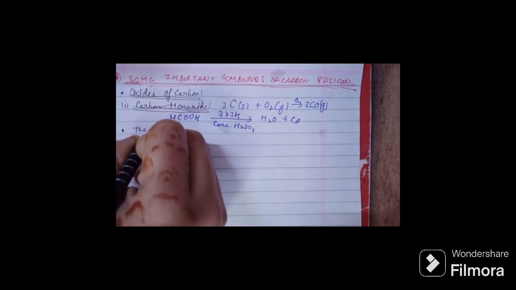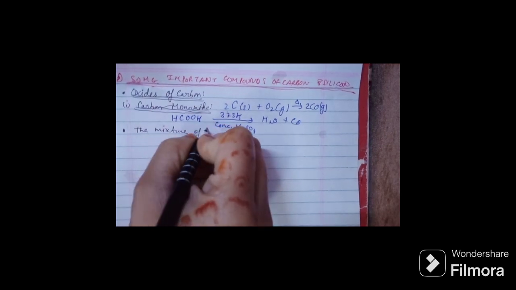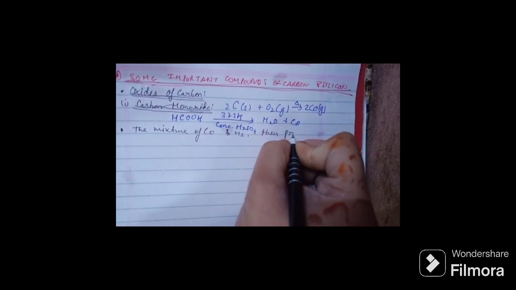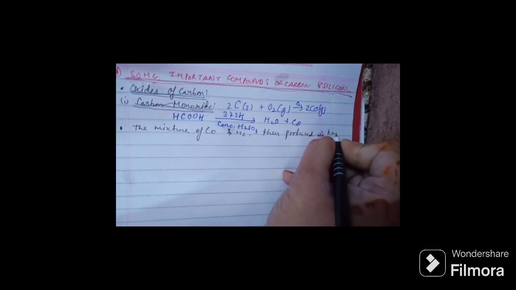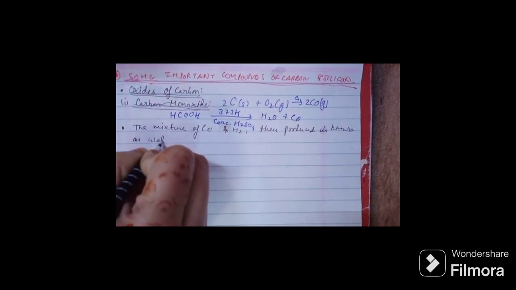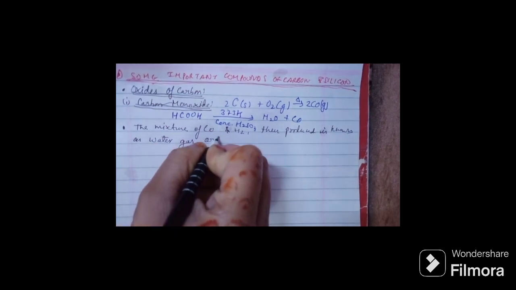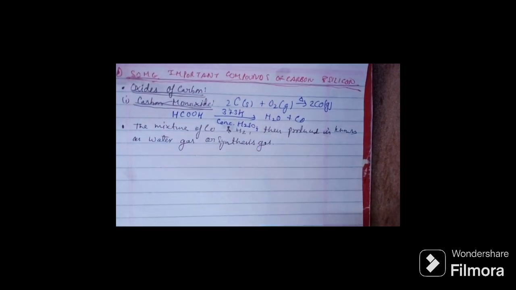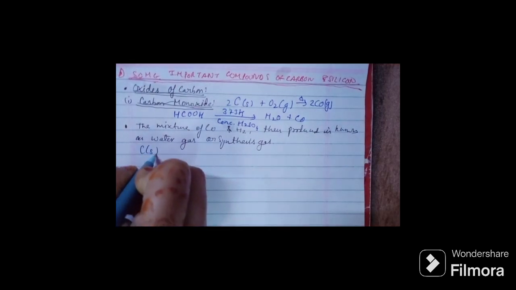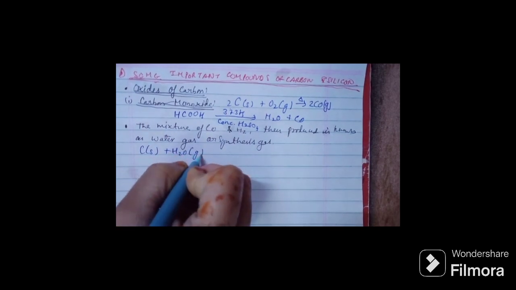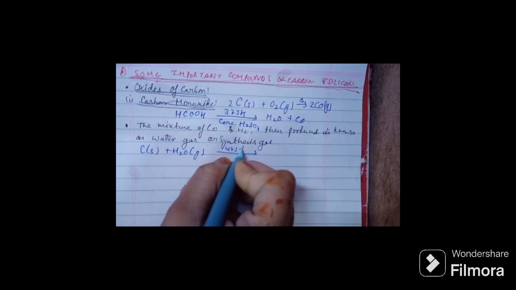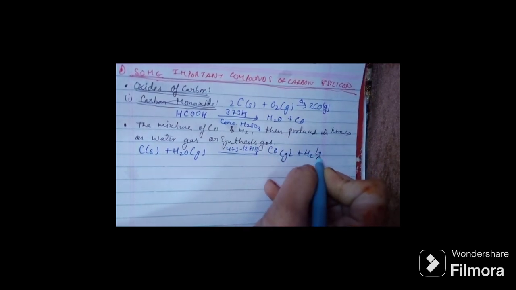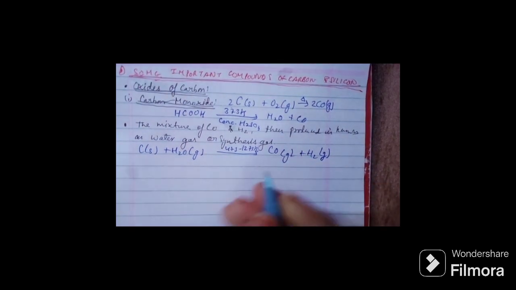The mixture of carbon monoxide and H2 thus produced is known as water gas or synthesis gas, and it is produced from carbon plus H2O at 1273 Kelvin, giving carbon monoxide plus hydrogen. This is what is called water gas.